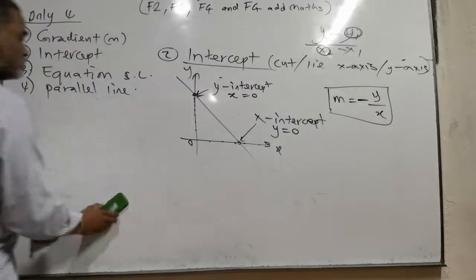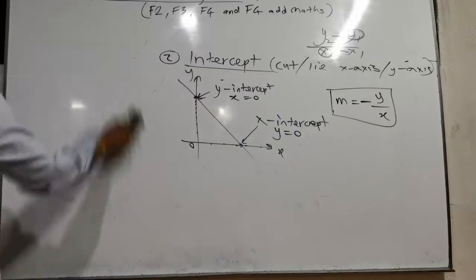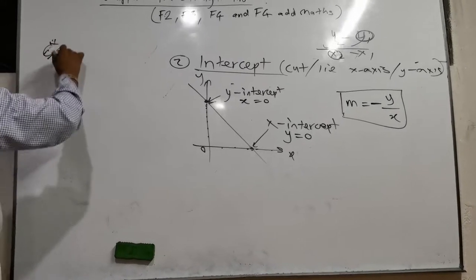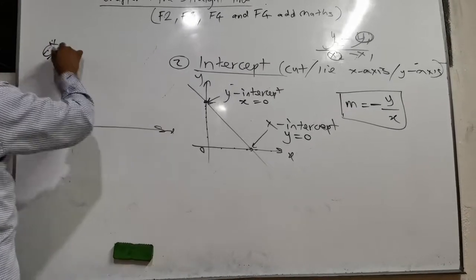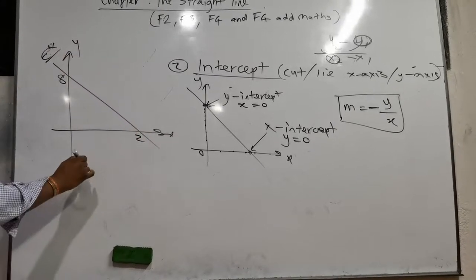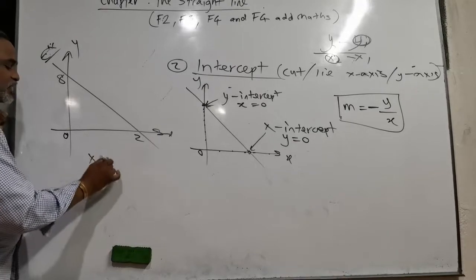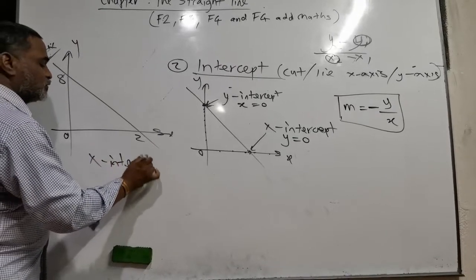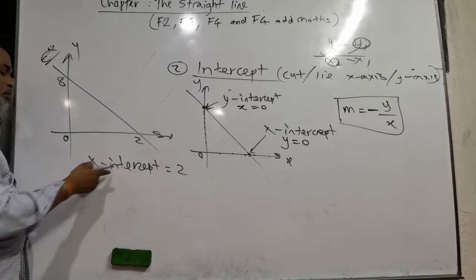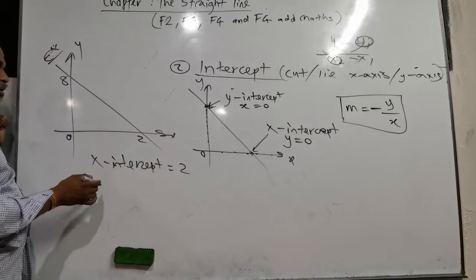So I give a simple example for intercept. Whenever the question gives it, they give you something like this. They will say this is maybe 8, here 2. Whenever the question asks for x-intercept, we just write down 2. Even though we know there is a coordinate with y as 0, you cannot write it in coordinate form. We just write 2.